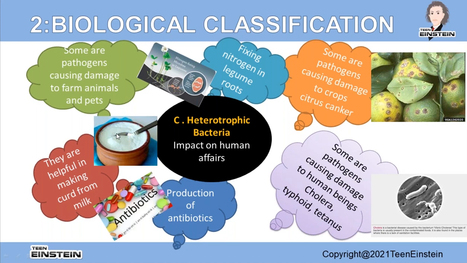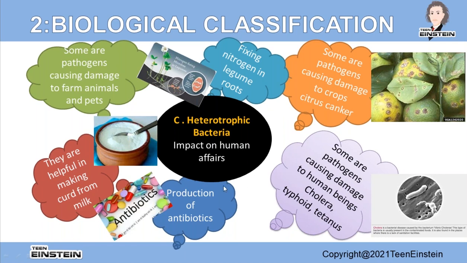Then production of antibiotics. Antibiotic production is also very important, and they help to make curd from milk. And some animal pathogens are present, and some help to fix atmospheric nitrogen in leguminous plants.